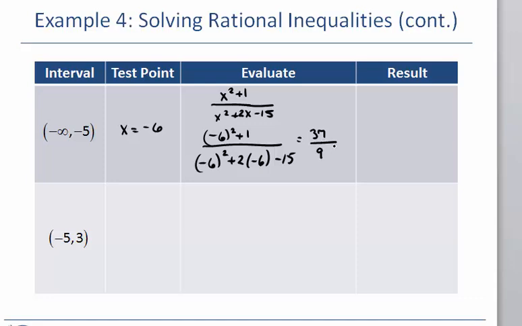And so 37 over 9 is positive. What that tells me is that for any number in that interval, the function is going to be greater than 0, that it's going to be positive.